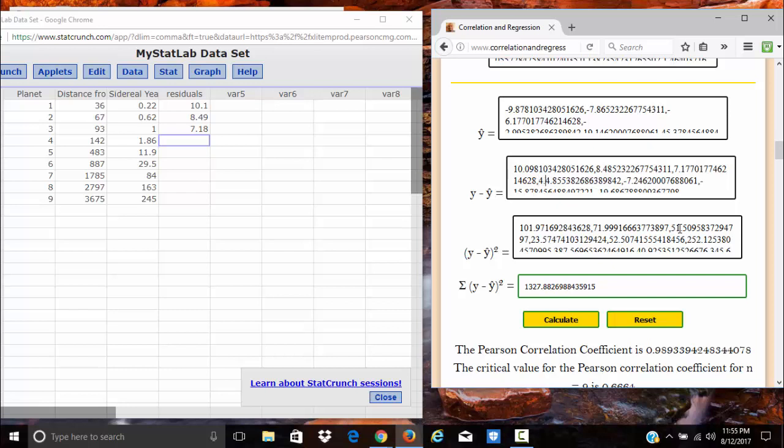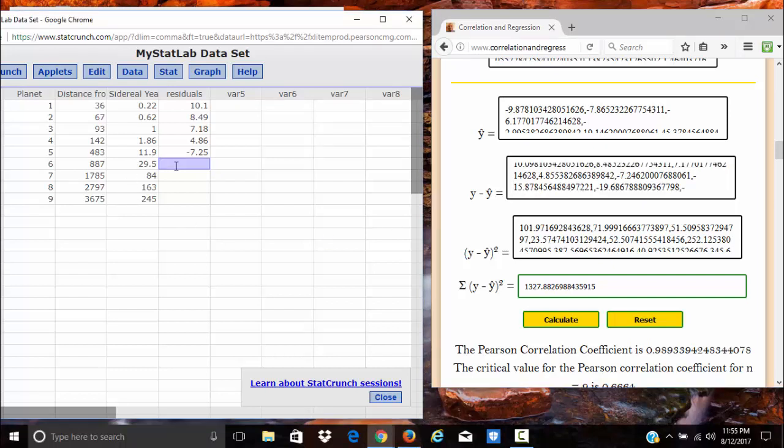Then you have 4.86, and after the next comma you have negative 7.25. Then you have another negative 15.88.